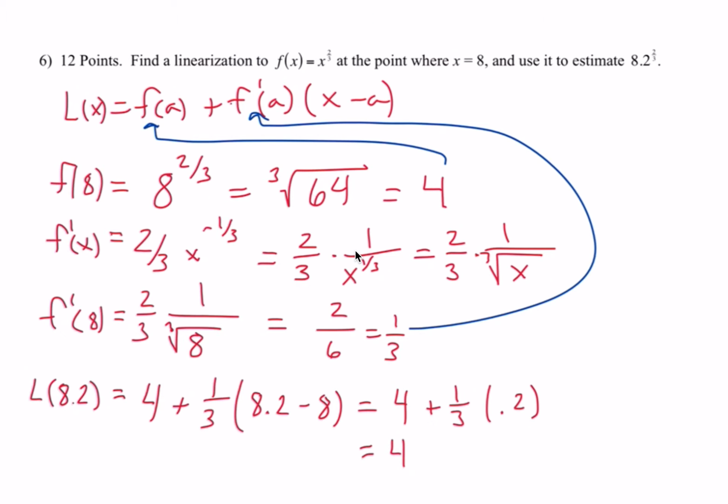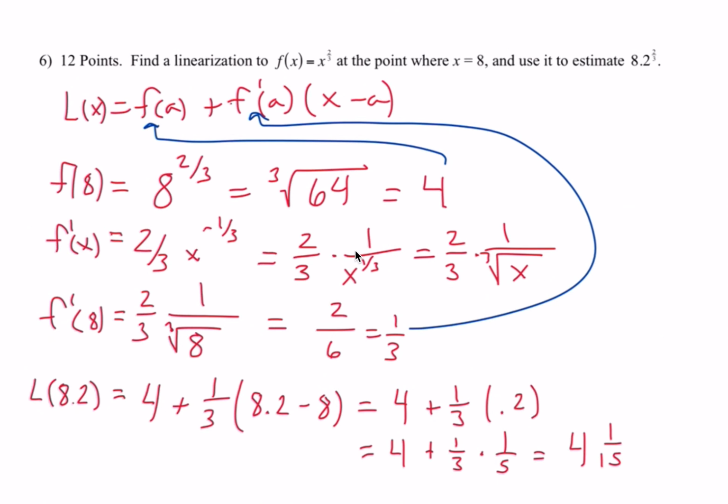And if we think about that, 0.2 is the same as 1/5. So we'll have 4 and 1/15.